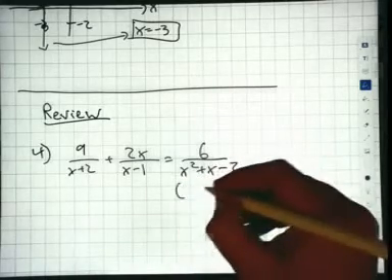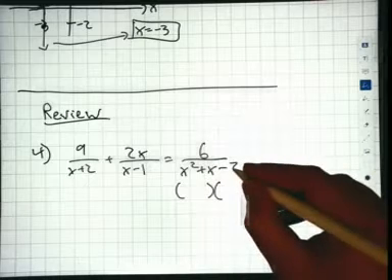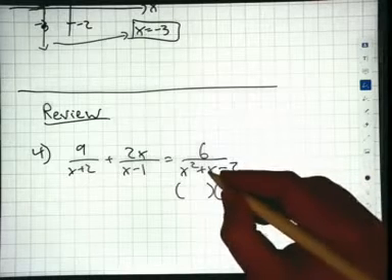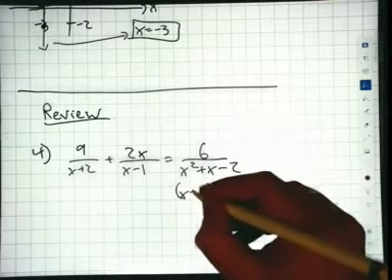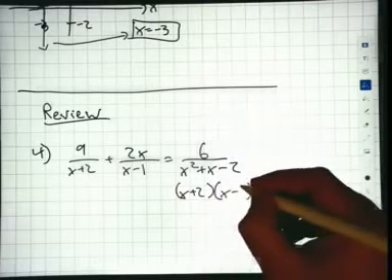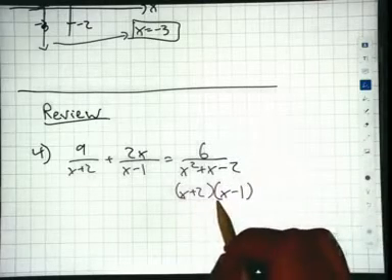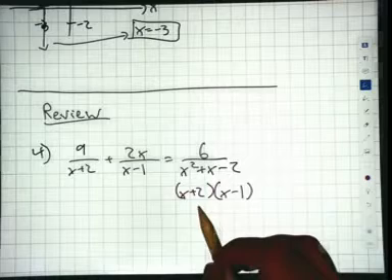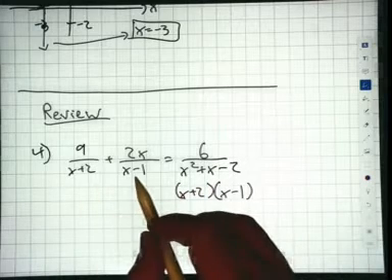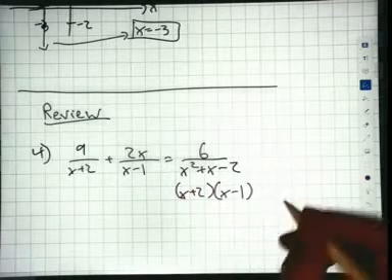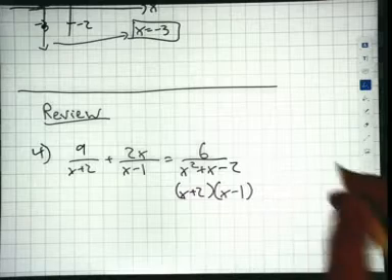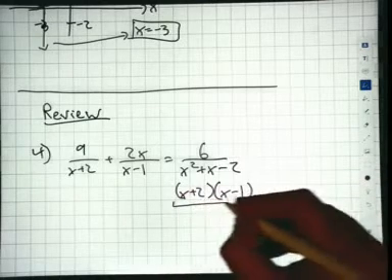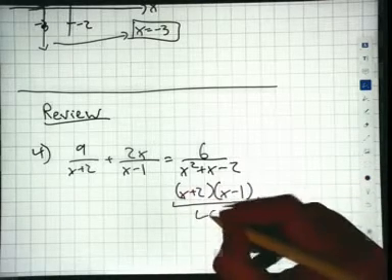Let's verify that. What are the factors of negative 2 that add up to 1? How about a positive 2 and a negative 1? And lo and behold, that's the same denominators that we have over here and here. So first of all, this makes our LCD.